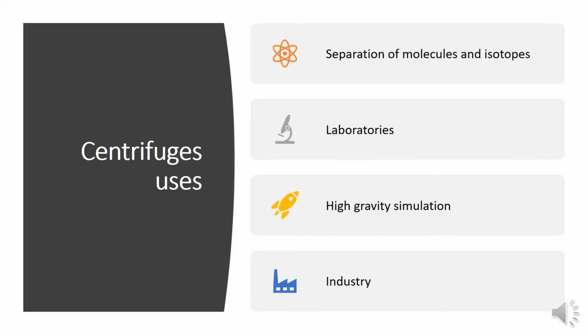Centrifuge uses. The devices vary according to the reasons for their use, but they share the same principles of operation. The only differences between them are the speed of rotation and the design of the rotor. Centrifuges can be used in the following areas.